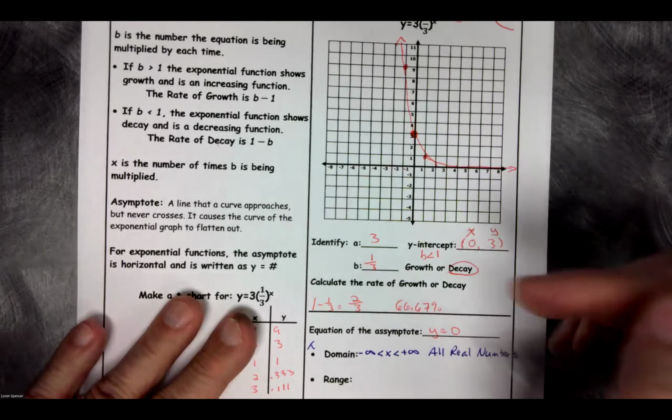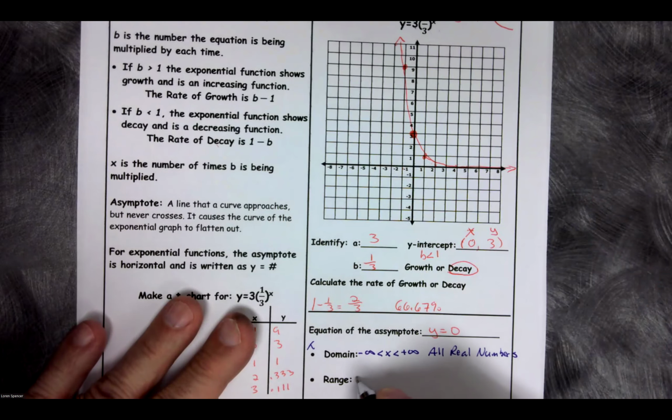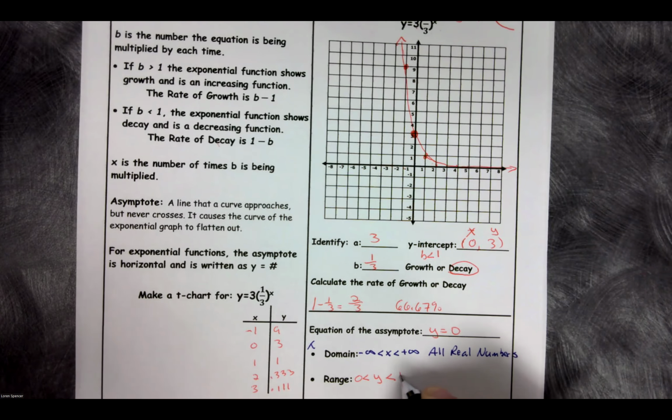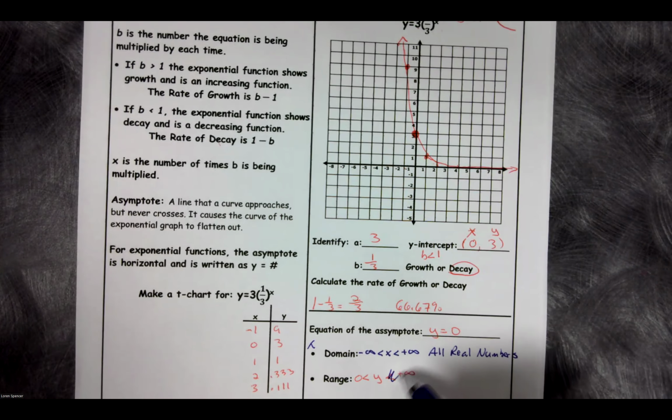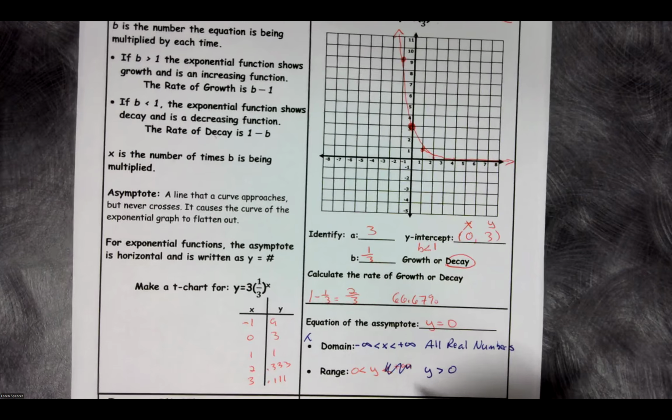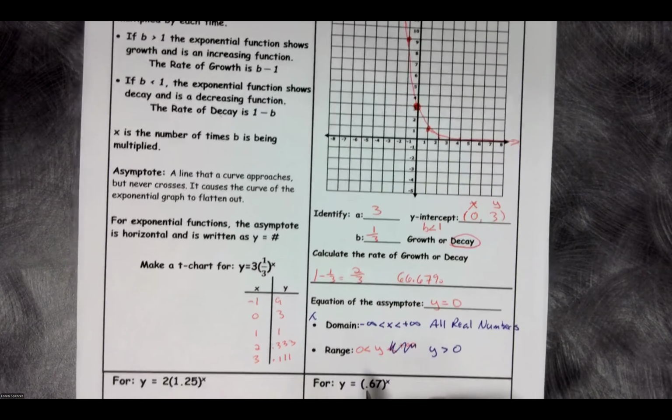Well, what's the lowest thing? Well, we never get to zero. So 0 is less than y is less than infinity. But we never have this part right here. We never include the infinity, so we have to flip it. And we have y is greater than 0. And it has to be a greater than because we never get to 0.